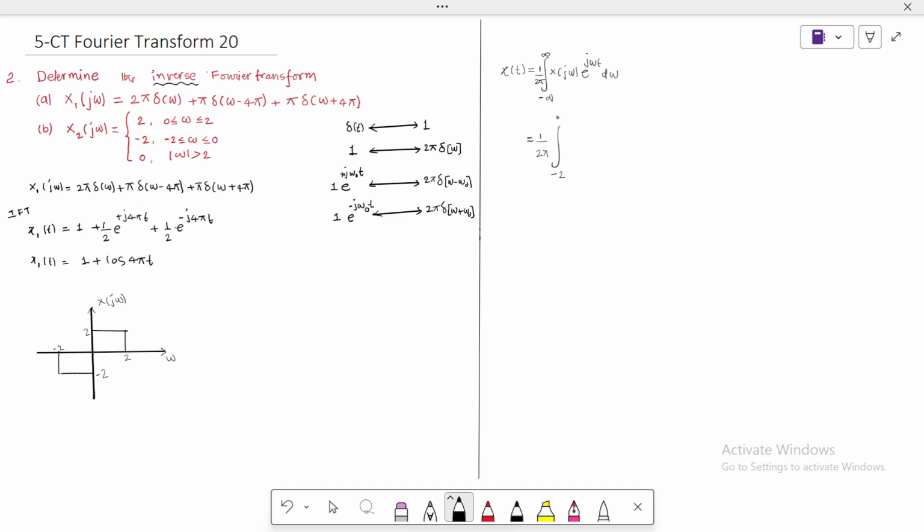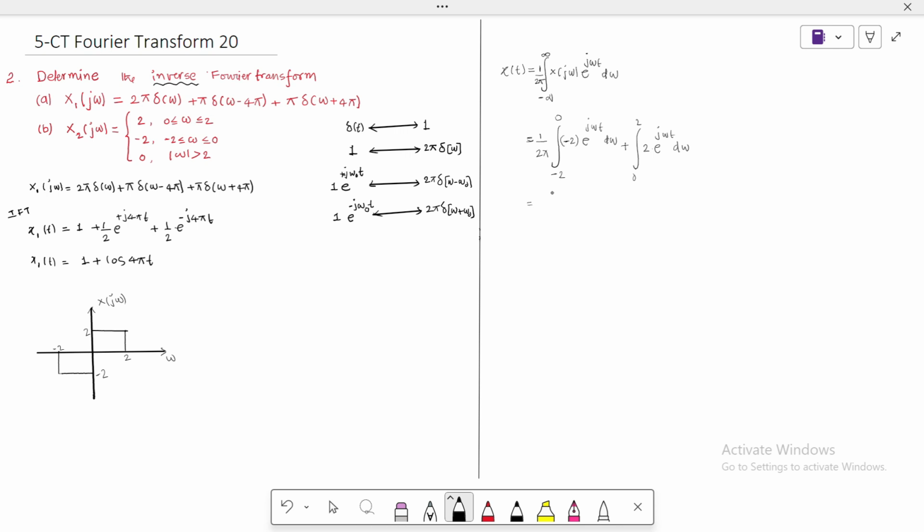So from minus 2 to 0, its value is equal to minus 2, e power j omega t into d omega, plus, so 1 by 2 pi, already I have written here, from 0 to 2, its magnitude equal to 2 into e power j omega t into d omega.